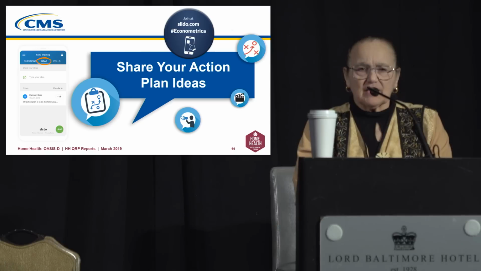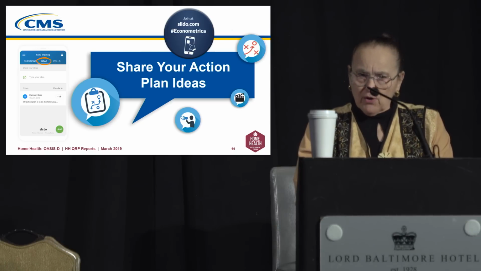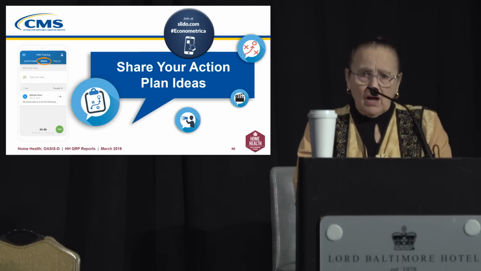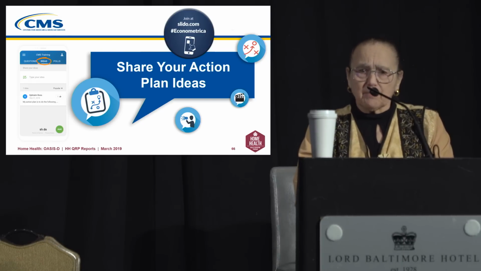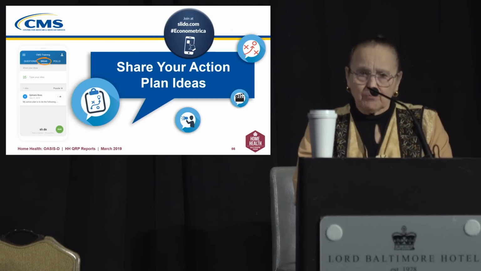You're going to find the links and all the information there for how to get a new user ID and password if you have lost the institutional knowledge. There are also manuals and instruction there on how to proceed step by step. So that's your first step. Go back to the Home Health Quality Reporting Program page. Start there. You'll have information on how to go to QTSO and get what you need.